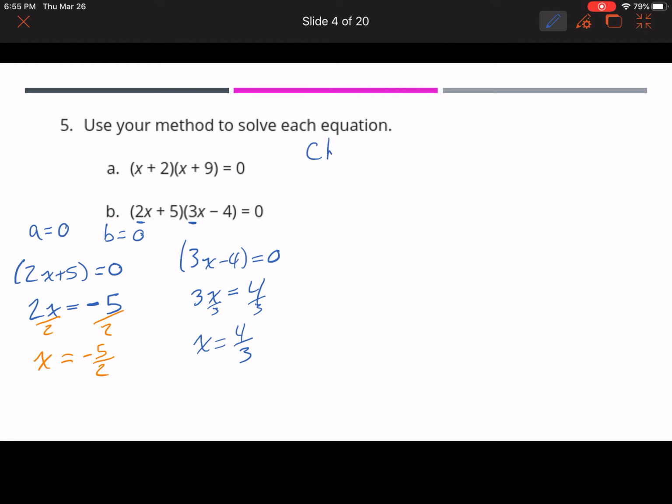So we want to check this. So I want to check -5/2. So again, I just put -5/2 into any spot that previously had an x. Plus 5, 3 times -5/2 minus 4, all equaling 0.